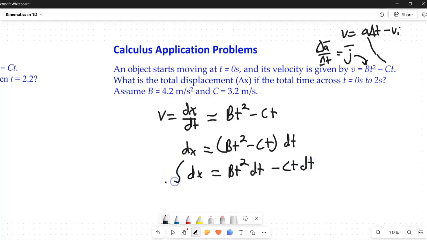Now we're going to integrate these from x initial to x final, and from 0 to 2 seconds. I'm not putting in the numbers for b and c yet. It's just easier to do the integration first.